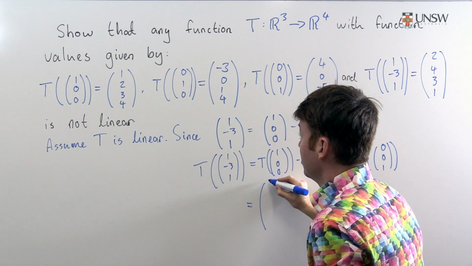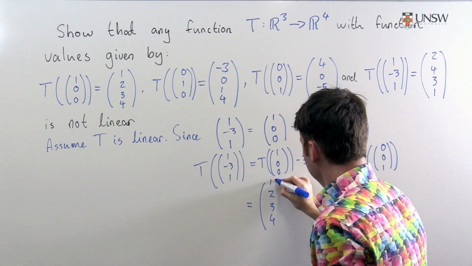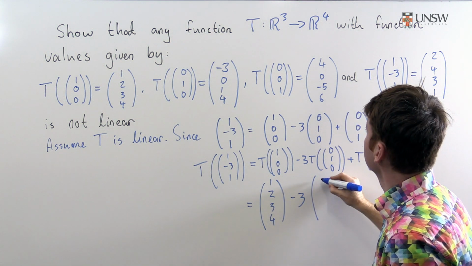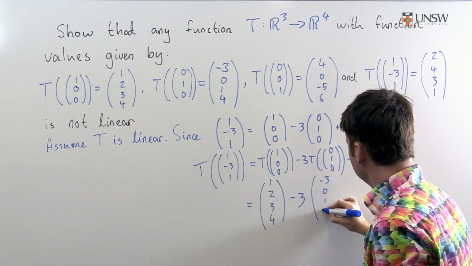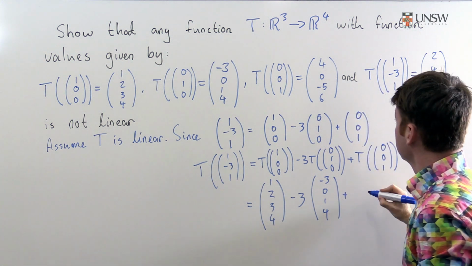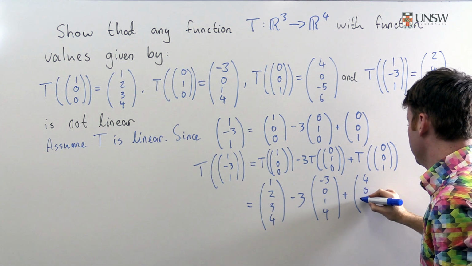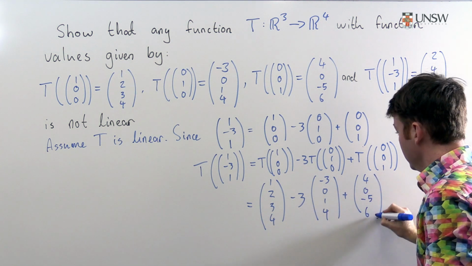That's going to be (1, 2, 3, 4) minus 3 times whatever T did to the second vector, which is (-3, 0, 1, 4), plus what T does to the third standard basis vector, which is send it to (4, 0, -5, 6).